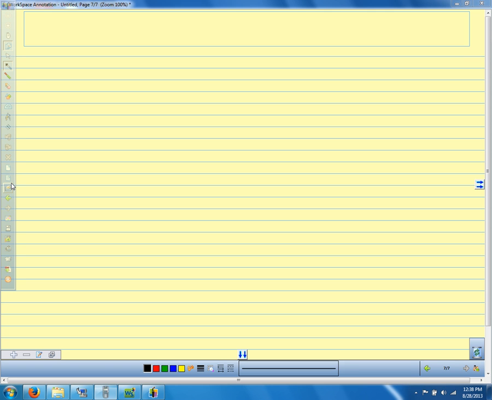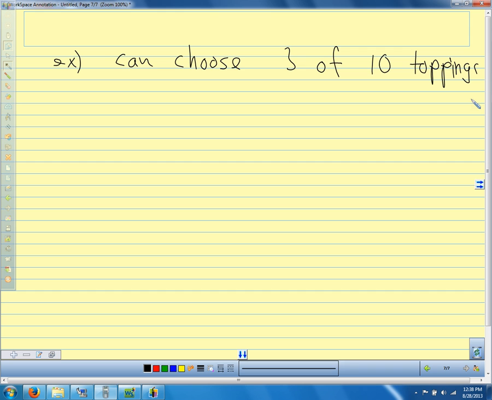All right, let's look at one example with combinations, and then I want to pass out your homework, and we're going to do one of your homework problems all together. So we can choose 3 of 10 toppings, so kinds of sprinkles for our ice cream.